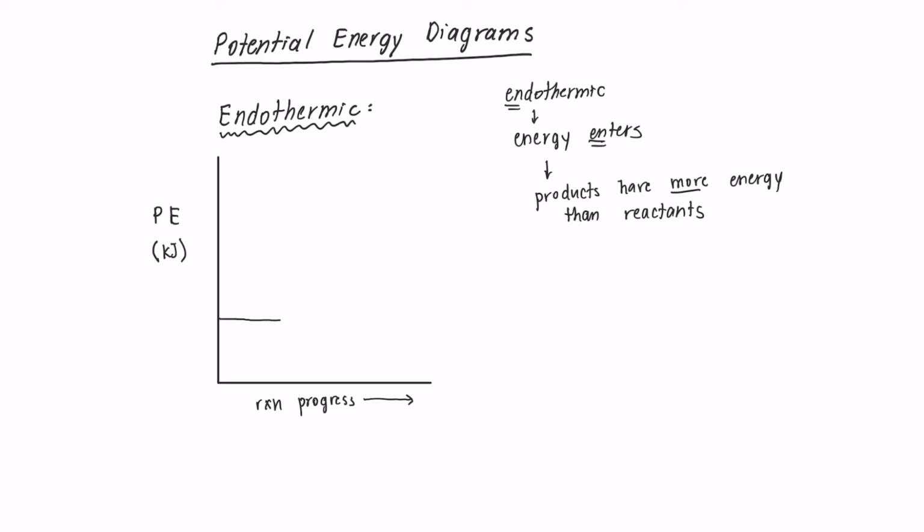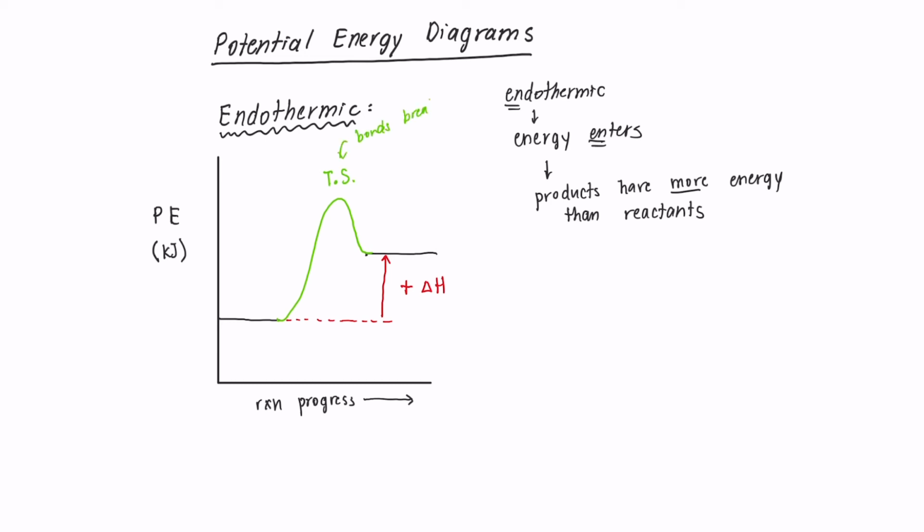When we draw this on our diagram, our products will have a higher energy level than the reactants, so a positive change in enthalpy.